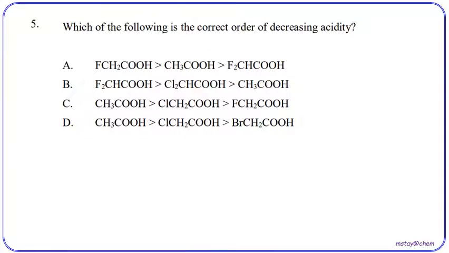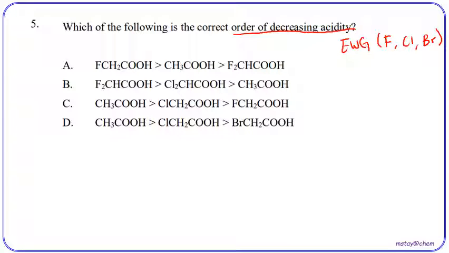Question number 5. Which of the following is the correct order of decreasing acidity? Roughly looking here, we will notice that we are going to compare the factor of EWG, because we can see there are fluorine and also bromine.